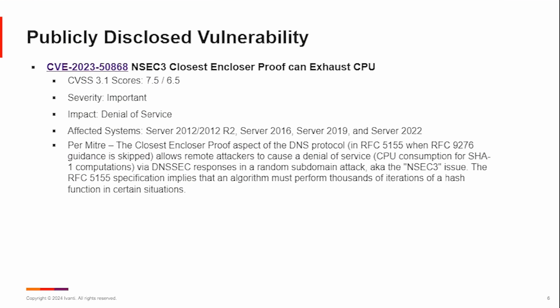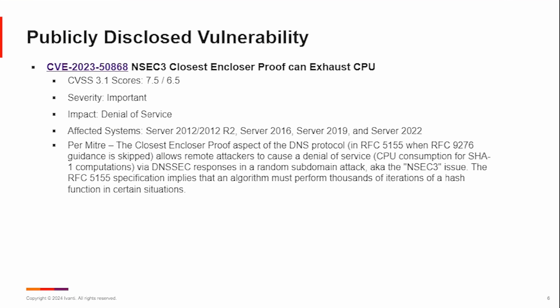It's kind of a mouthful. Basically, it's a vulnerability in the DNS protocol that can allow an attacker to send a DNSSEC request, and if done correctly, they can basically spike the CPU on that DNS service and perform a DoS attack.